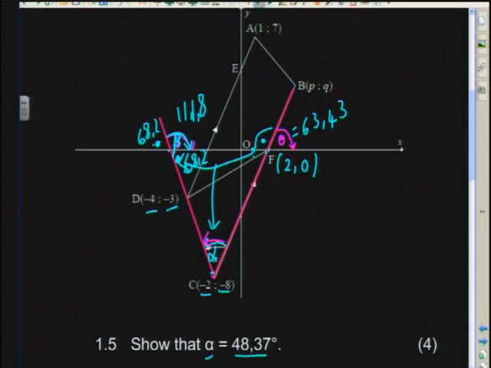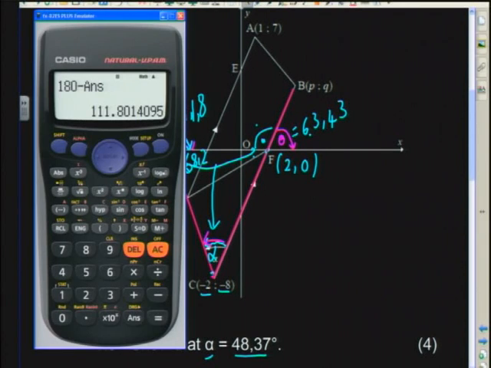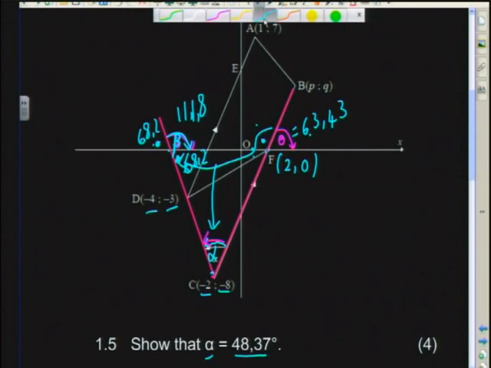And then remember, we've worked out that theta is 63,43. So therefore, we can get the one next to it by saying 180 minus 63,43. And we get 116,57. So this one here is 116,57.